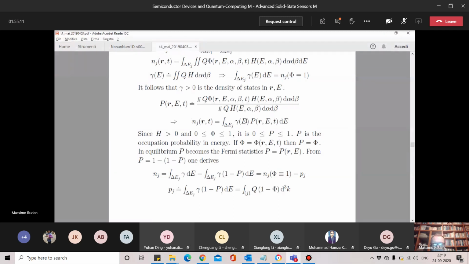And then, after observing that P is in any case limited between 0 and 1, we play a trick. We write P equal to 1 minus (1 minus P). It's just a mathematical trick. We add and subtract 1.